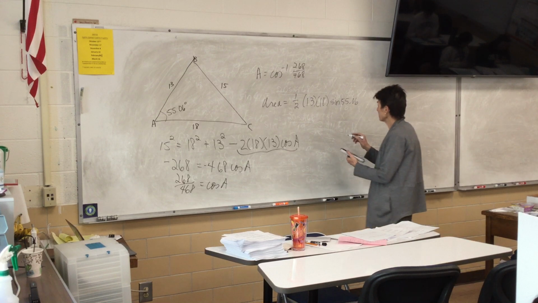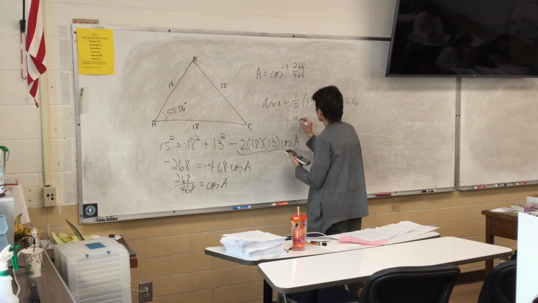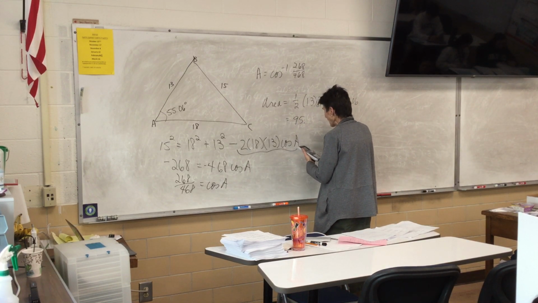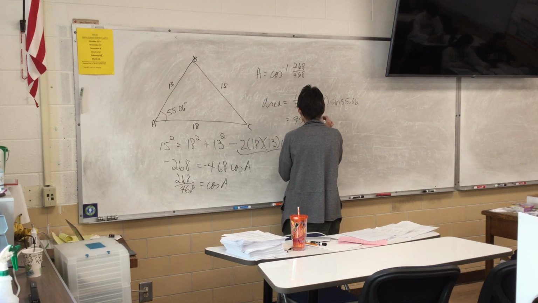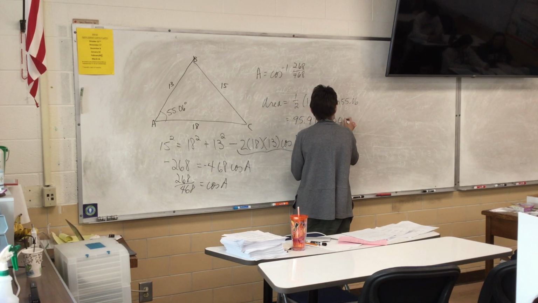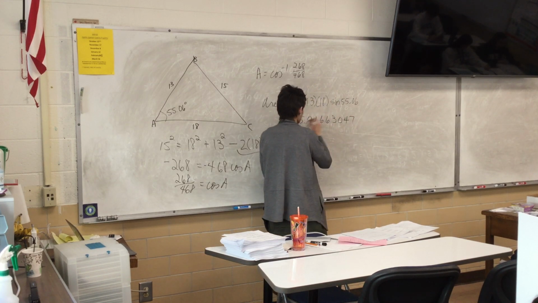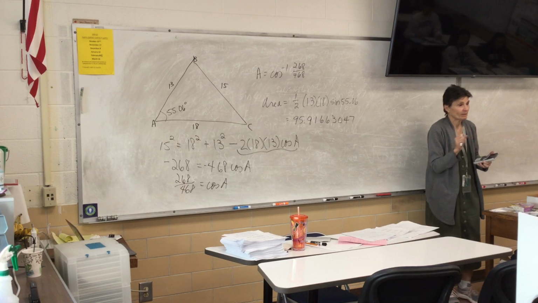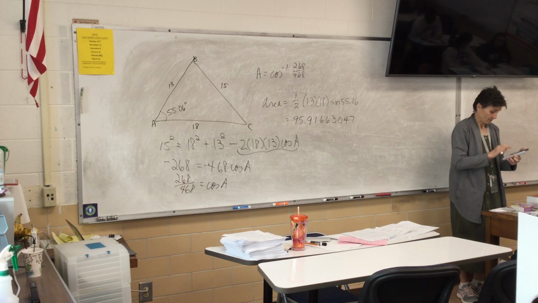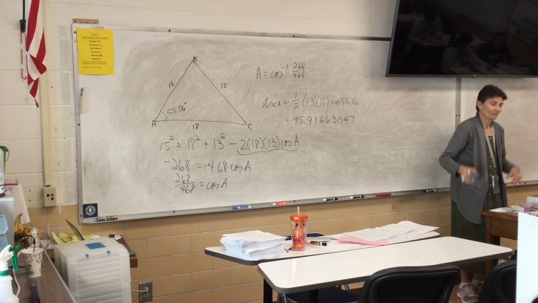I got 95.92. And just for fun, I'm going to write out a whole bunch of places there. I wouldn't do this normally, I would say 95.92. But we're going to do something here, and I want you to see, which is cool.